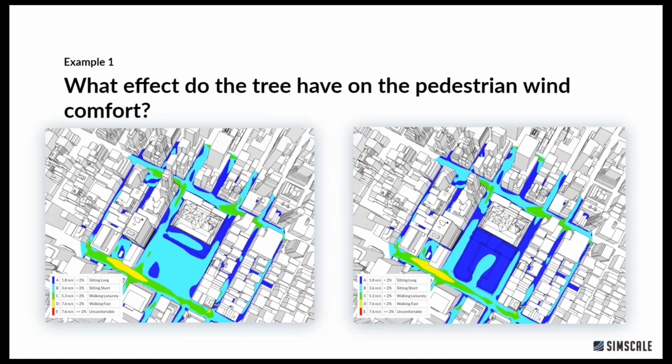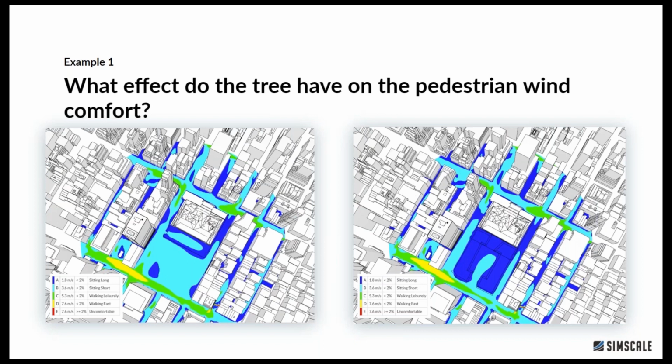It runs very quickly. This one took about 2 hours to run. It's fairly accurate. You see that we have a lot of details in the results, and we can see left and right. On the left-hand side, what we have without the trees, and on the right-hand side, what we have with the trees. You can see the specific shape that the dark blue zones tell us is where the trees are.